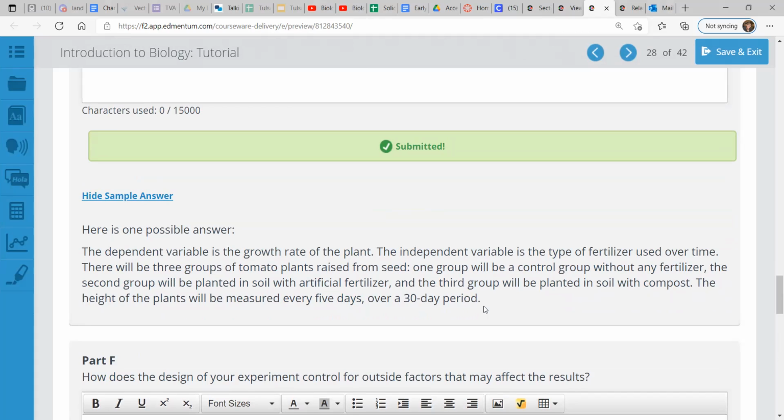One group is a control. You don't use any fertilizer. The second group will be planted in soil with artificial fertilizer, and the third group is planted with compost. So you have your control, artificial fertilizer, and compost groups. We're going to measure the height of the plants every 5 days over a 30-day period.